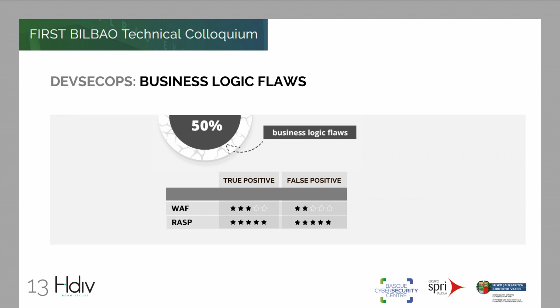Within the RASP approach, which is more closely related to DevSecOps, there are solutions that can implement this kind of protection, but in another way. Instead of learning processes, they do it in real time. I mean, integrated in the software, that technology gets the information about what's the legal behavior of the application in real time without learning, and it's possible to protect against those issues without false positives.